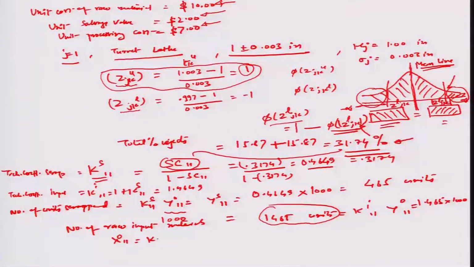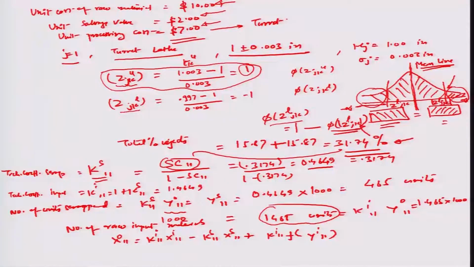and therefore, the total cost which comes out in this case of the output, that is XO11, could be recorded as KI11 XI11 minus KS11 XS11 plus KI11 times of the processing cost, which in this case as recorded by the manufacturing unit is about $7 in the turret lathe. So, this is the cost for the turret lathe.